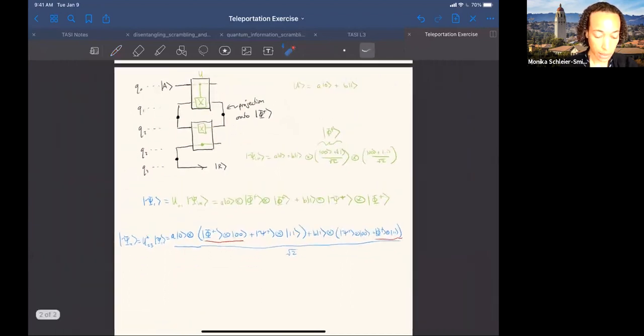So my output state after projecting onto the EPR pair in the middle is A|000> plus B|111>.